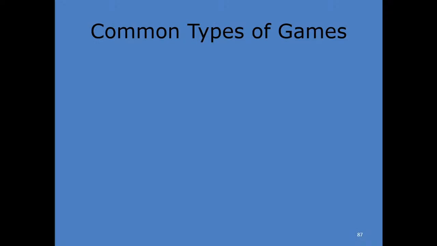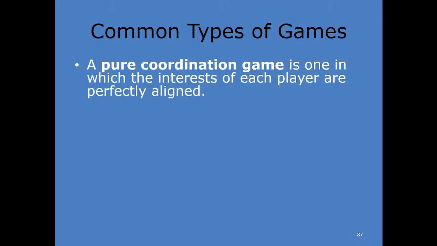So let's look at some common types of games. One that is quite interesting is the pure coordination game. In these games, unlike in the prisoner's dilemma, where the interest of player 1 conflicts with the interest of player 2, here both players want the same thing.